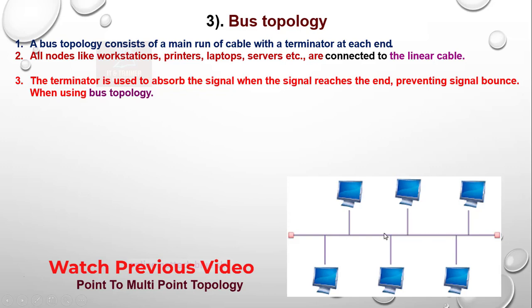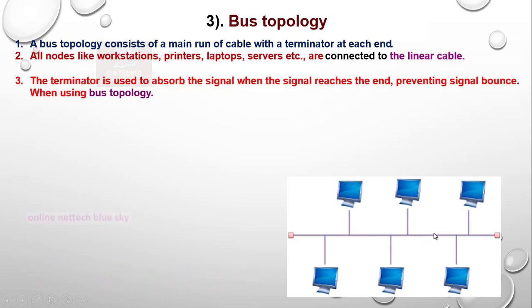But actually the signal goes here, and second here, third here. So the signal automatically goes to every computer. That is the main problem, signal bounce when using bus topology.